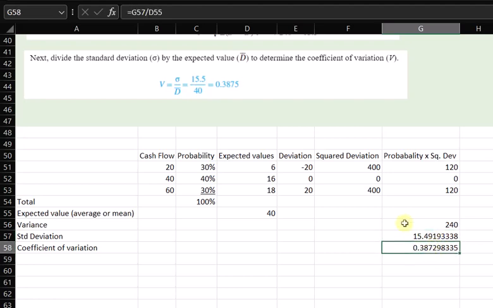Okay, and then when we divide the standard deviation by the expected value, we're able to calculate the coefficient of variation, and you see it's exactly the same, 38.75. Now, what I do want to point out is a lot of these extra characters are meaningless. So I would think 4 decimal places should be plenty. Okay, so that's an illustration of how to solve this in Excel.